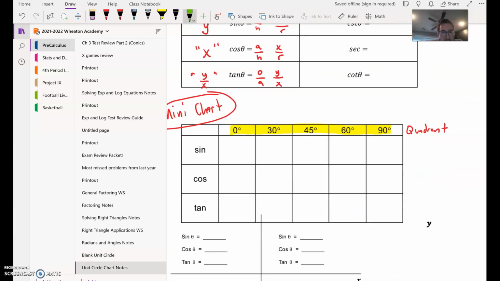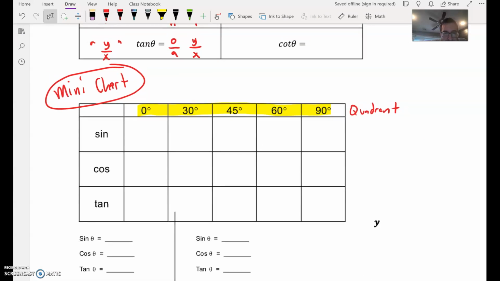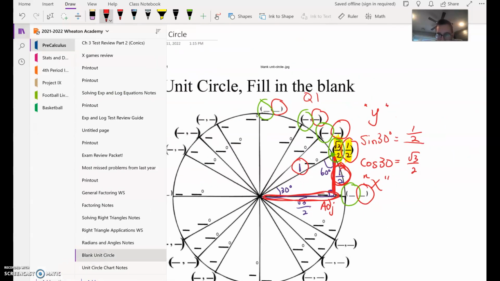Okay? And I think this chart is the best way to memorize it, because the sine of 0 degrees, the y value, remember this is the y, this is the x. The sine of 0 is 0. Okay, the sine of 30, we just did that in the notes, rewind it, was 1/2. Remember? The sine of 45, let's go back to our unit circle. Okay, I'm going to clean this up a little bit.